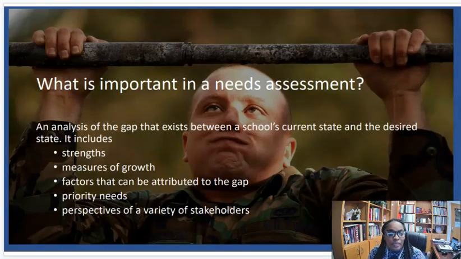So what is important in a needs assessment? A needs assessment is an analysis of the gap that exists between a school's current state and the desired state. It includes strengths, measures of growth, factors that can be attributed to the gap, priority needs, and perspectives of a variety of stakeholders.